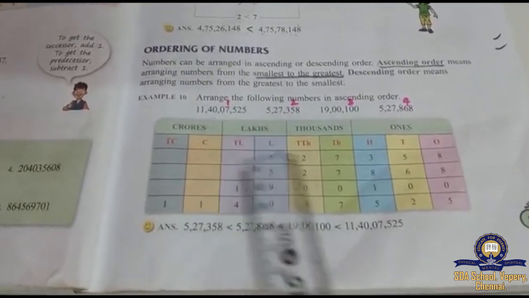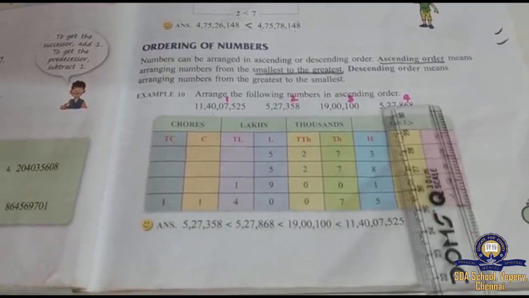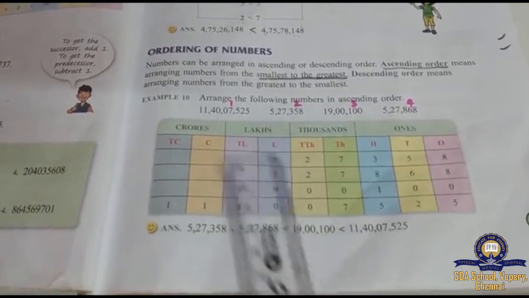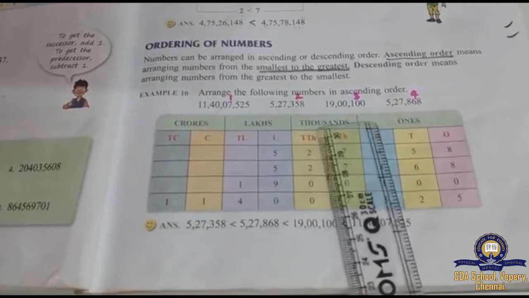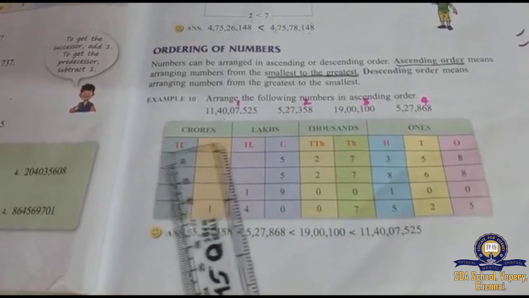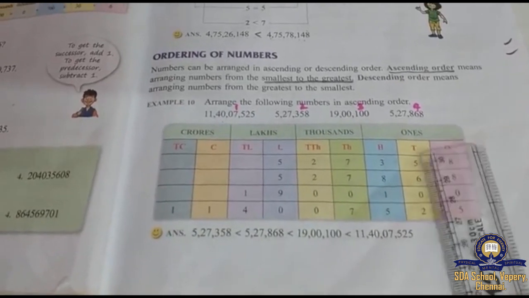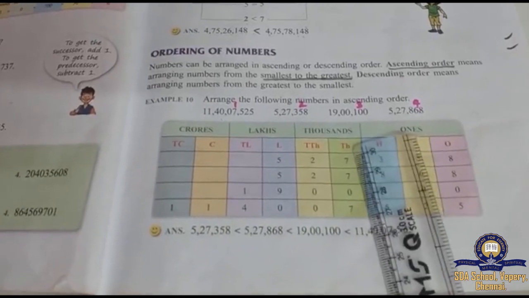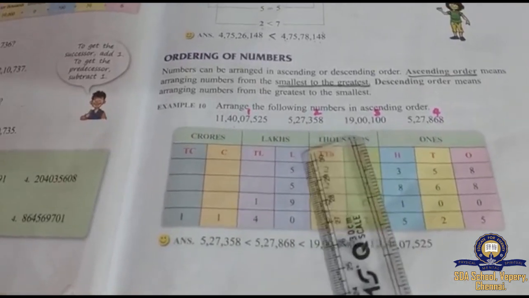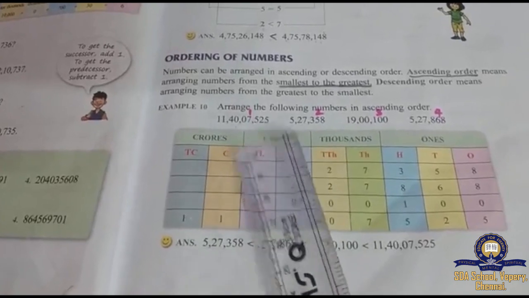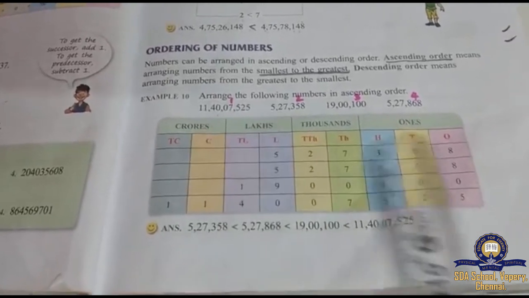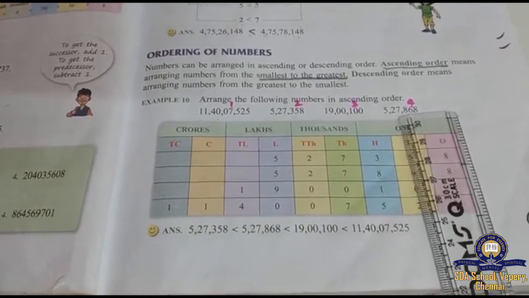Let us take the smallest number first. We have crores, lakhs, thousands, ones, and from the right side: ones, tens, hundreds, thousands, ten thousands, lakhs, ten lakhs, crores, ten crores. Understand? Shall we arrange the first one?